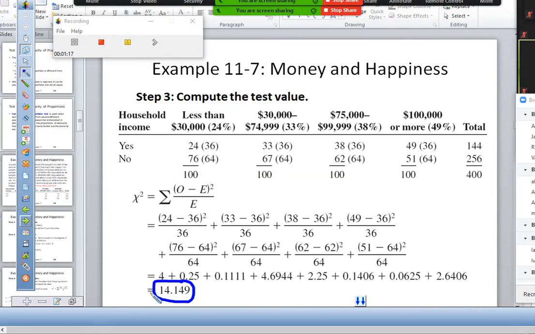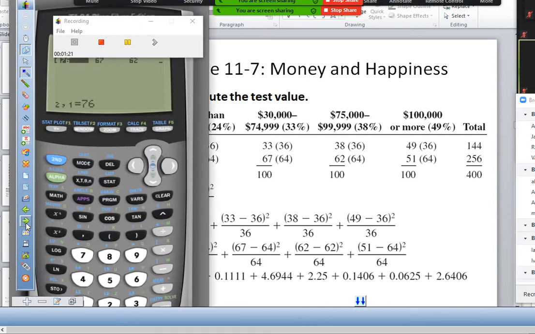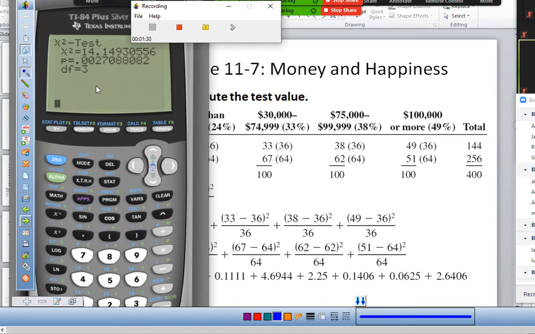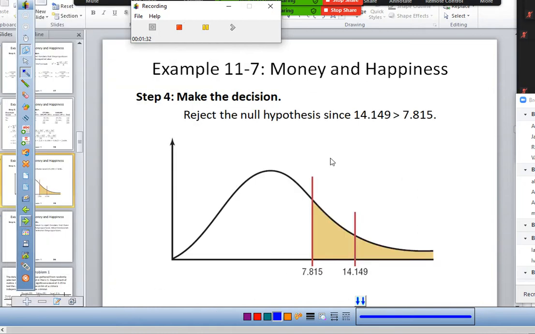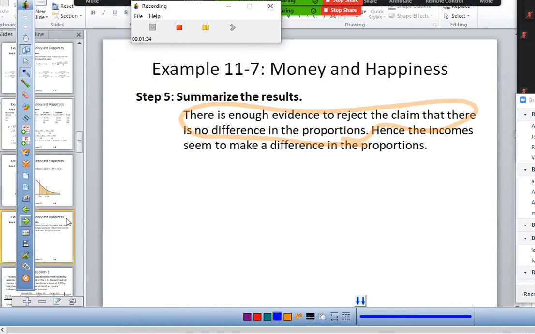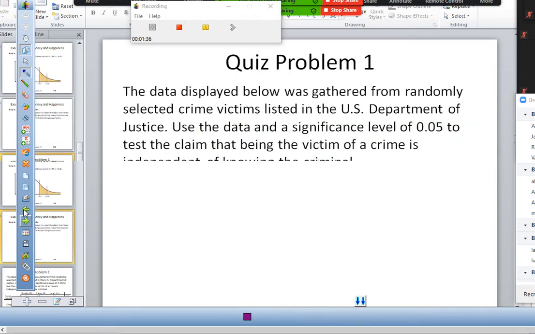And then we found our test stat, 14.149. We did it kind of the long way. And then you put that into the picture.